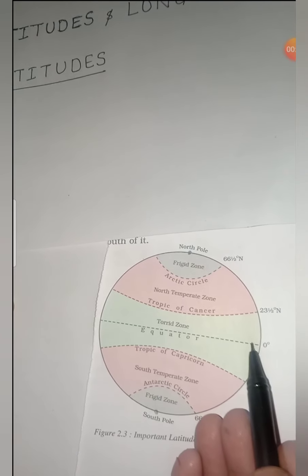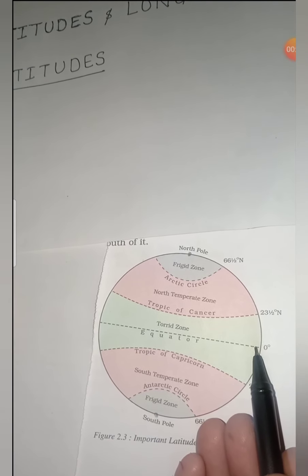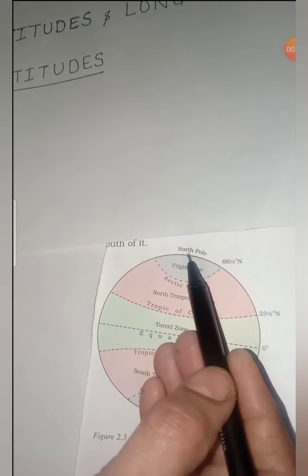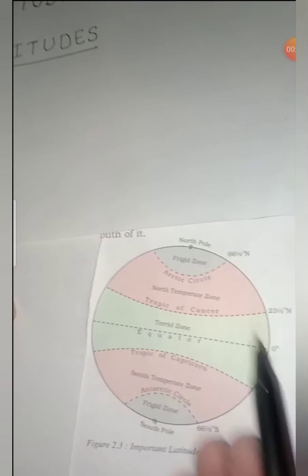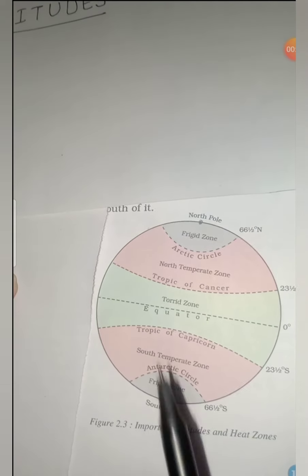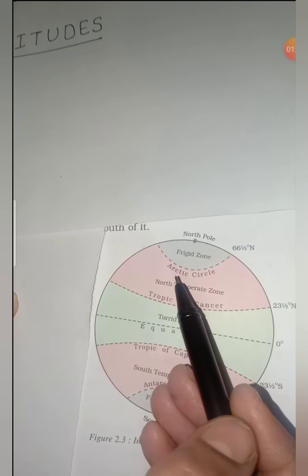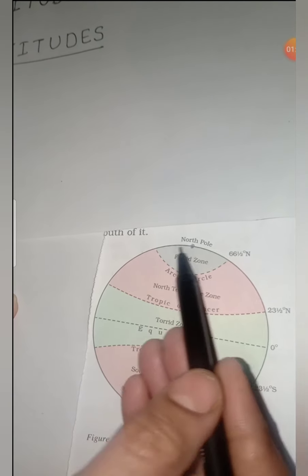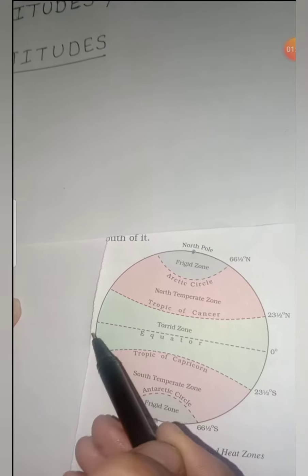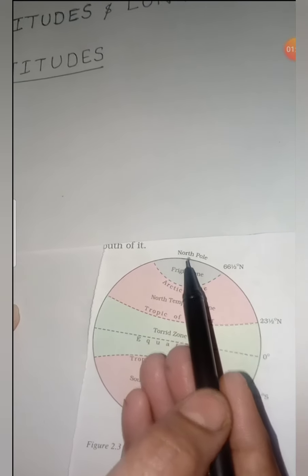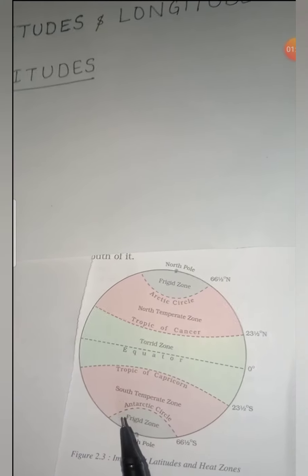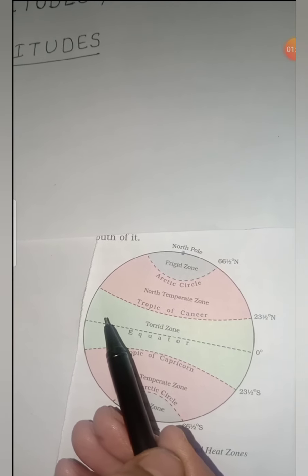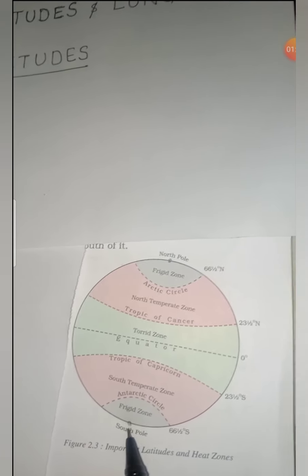So when the latitudes go towards the poles, they become a point.